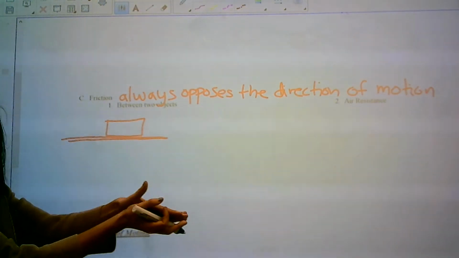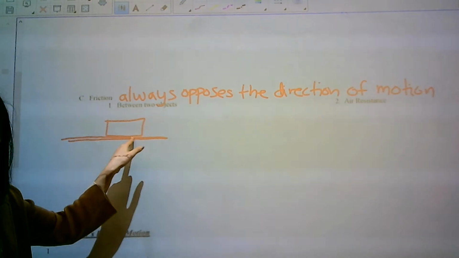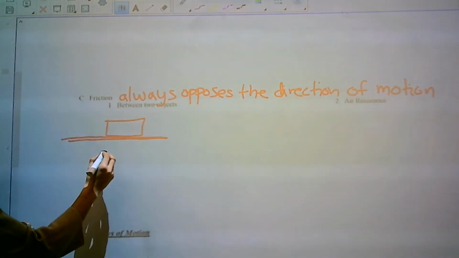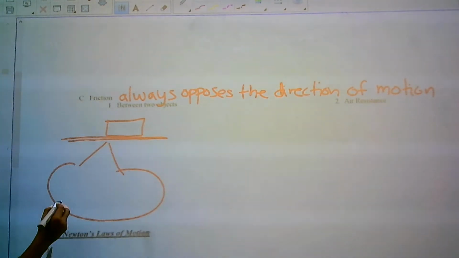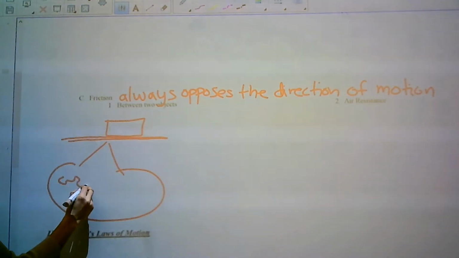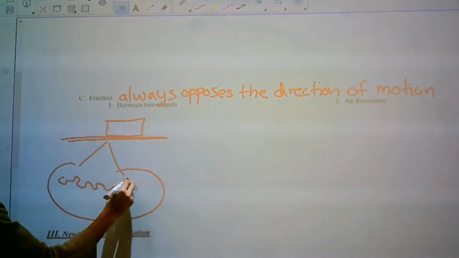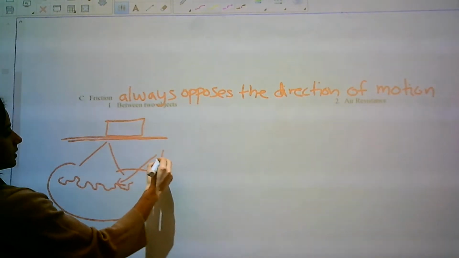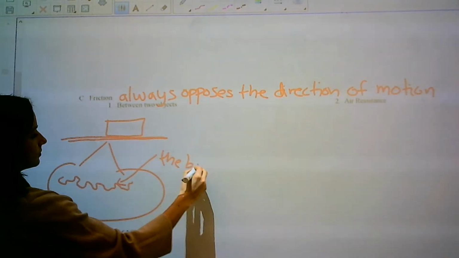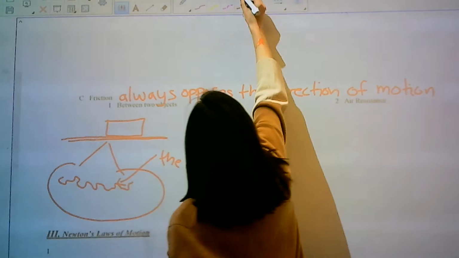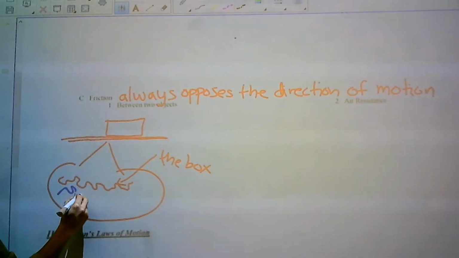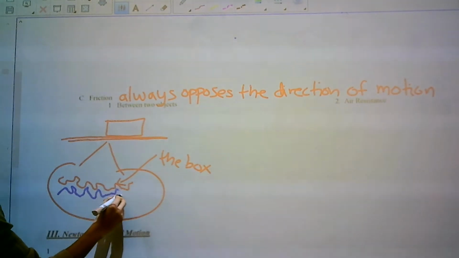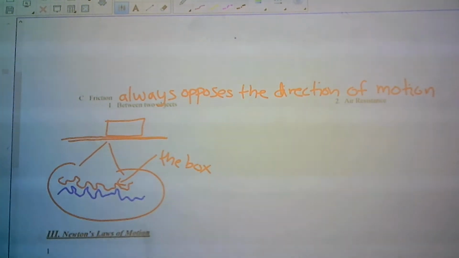sliding against the ground. If we were to zoom in for a close-up here, we would have the textured material of the box. So this is the box, rubbing against textured material on the floor.